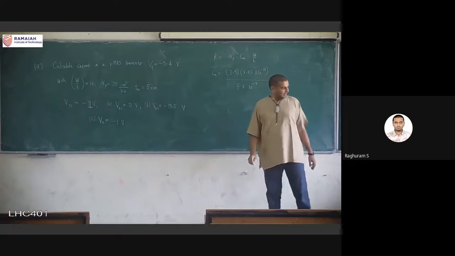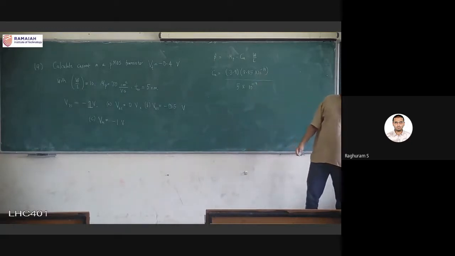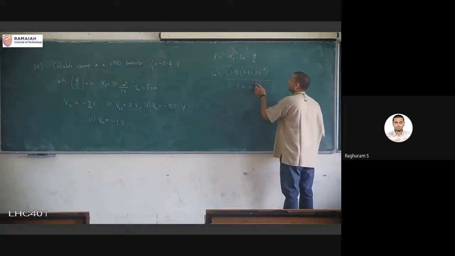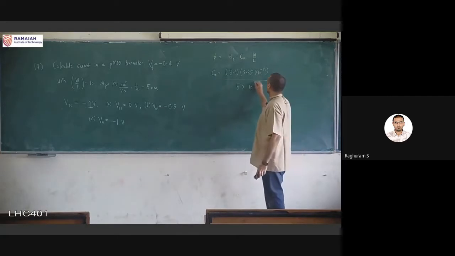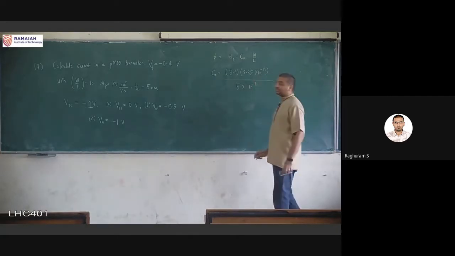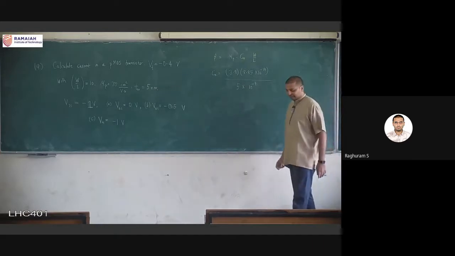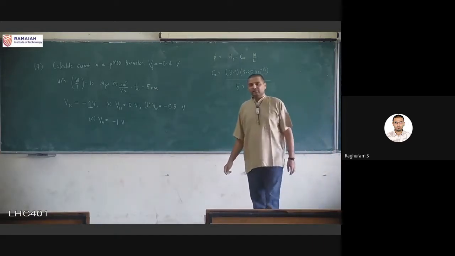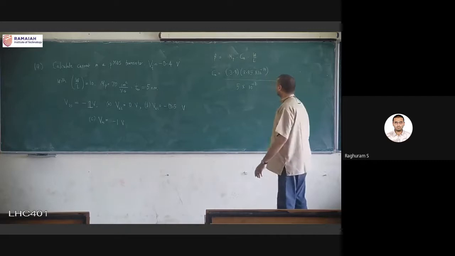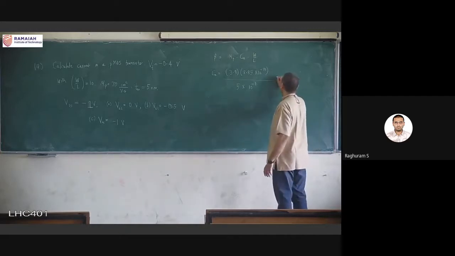But as always we don't want to stay in meter, we will be in centimeters. So 5 into 10 power minus 7 centimeters is 5 nanometers. So this is my C oxide.